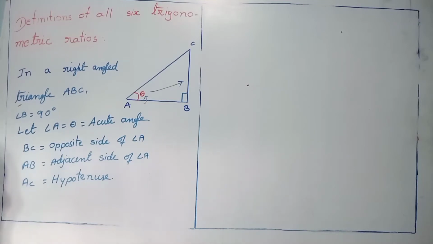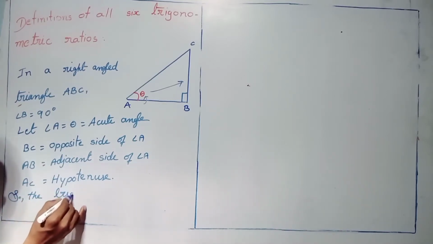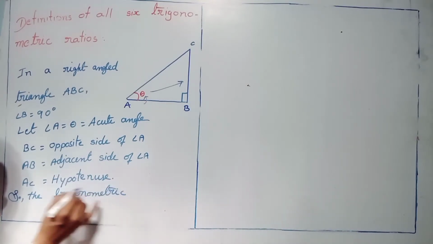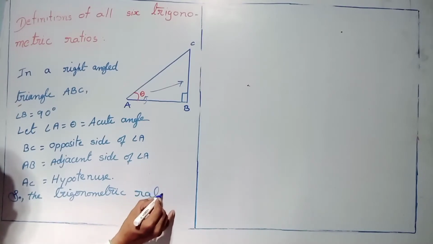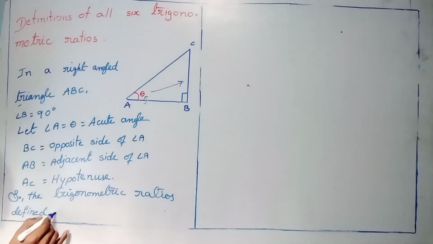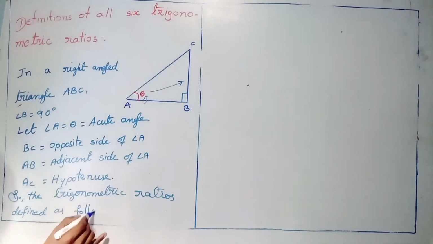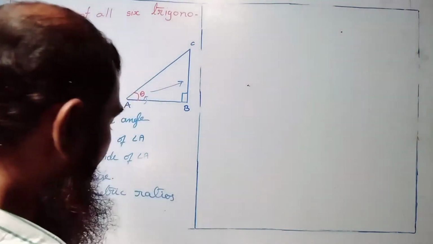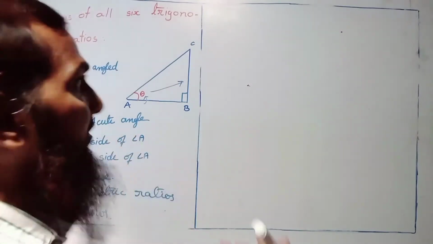Now the trigonometric ratios are defined as follows. The first one is sine, the sine value of an angle.